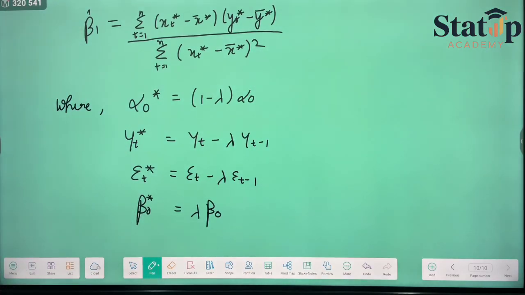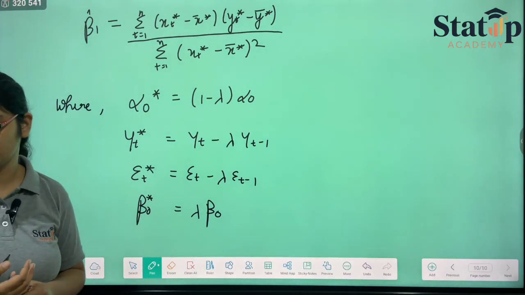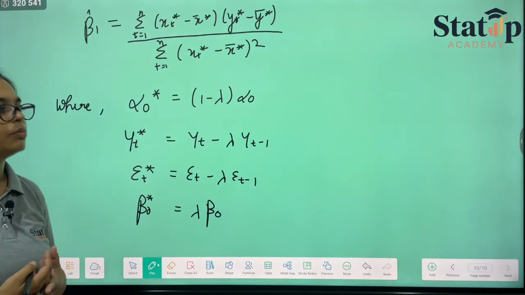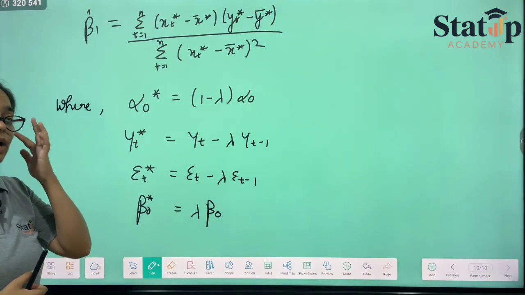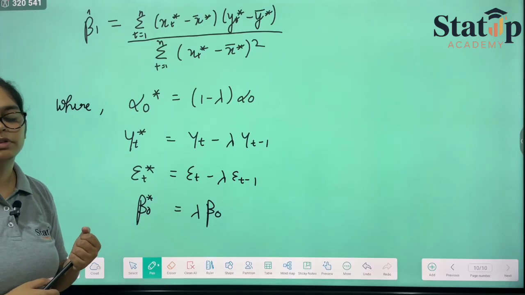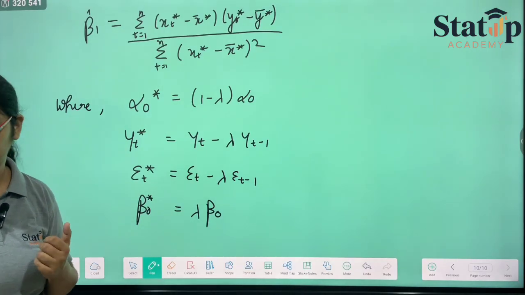So this completes our Koyck approach, which is considered to be one of the most important topics in econometrics, and it has been asked multiple times in previous year question papers.